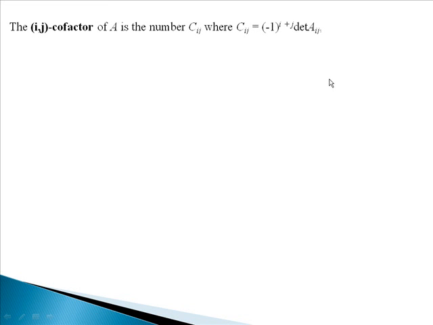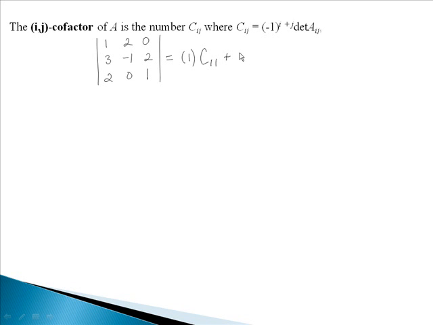So let's look at the example we just looked at before. This was my determinant of the matrix A from the previous example, and we wrote it out using the first entry in our first row, multiplied by the determinant of the matrix I have left when I delete the first row, first column, and so that is C sub 1,1.